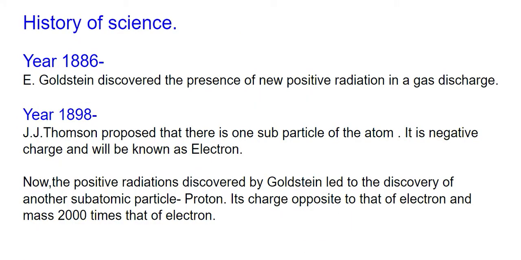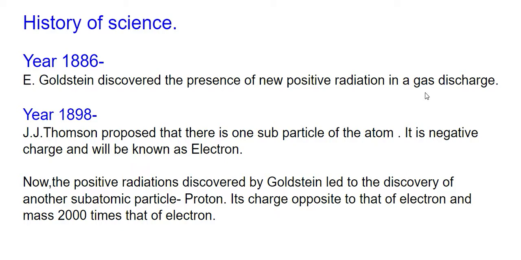Let us go back into the history of science to understand the charged particles, how it was proposed that the atom has charged particles, and how it was discovered and a theory was given about it. In 1886, E. Goldstein, a scientist, discovered the presence of new positive radiation in a gas discharge.